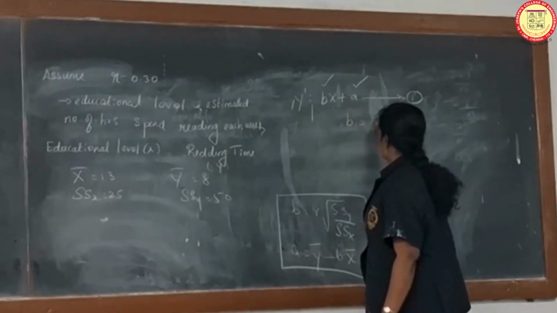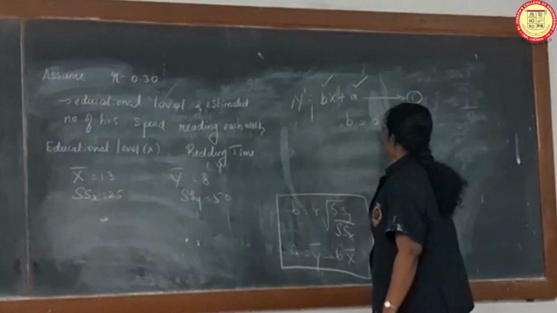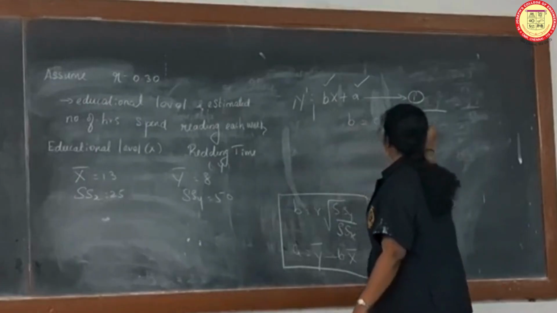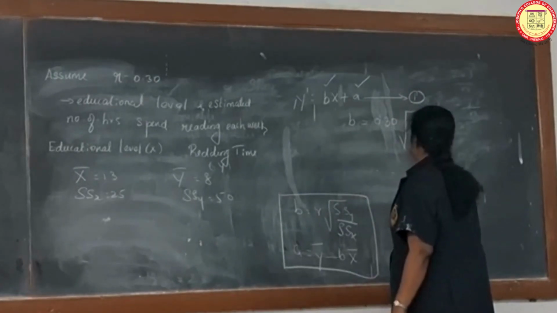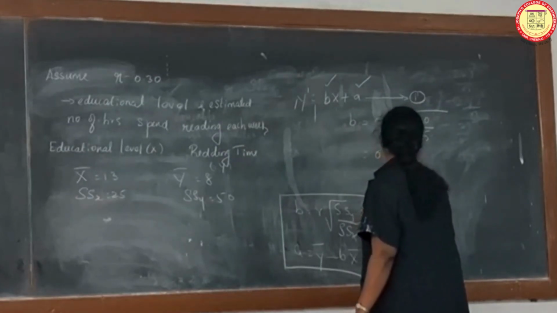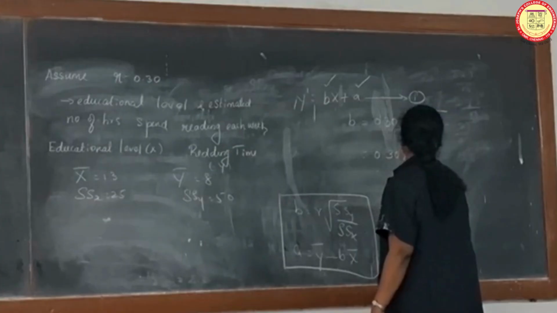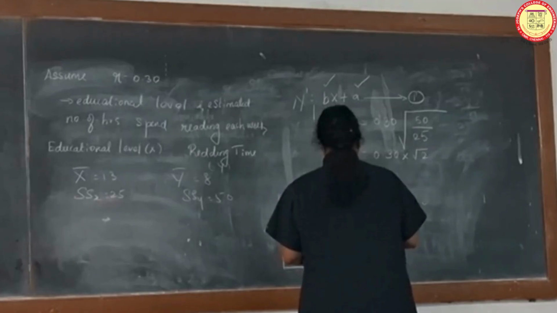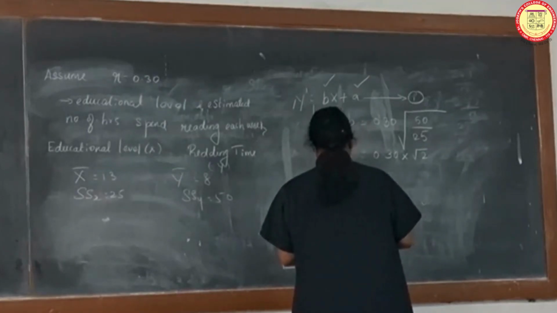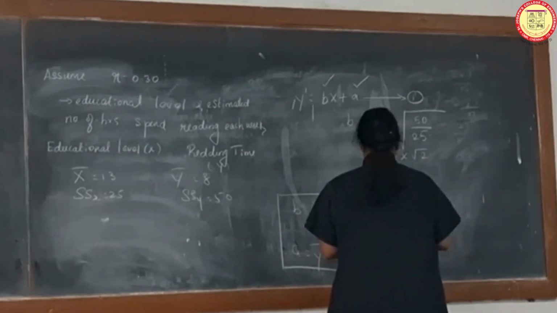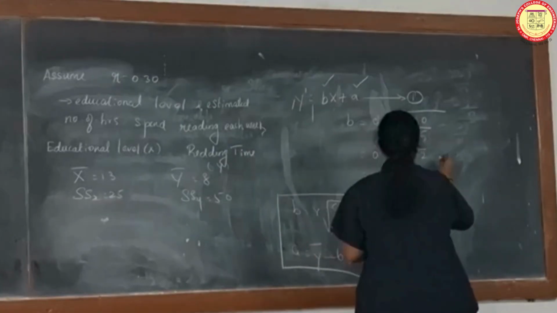B is equal to r value 0.30 into root of ssy, 50, divided by 25, which is equal to 0.30 into root 2, which is equal to 0.42.